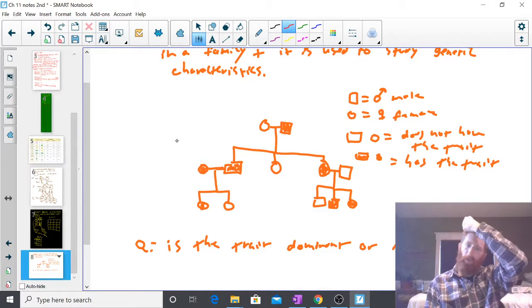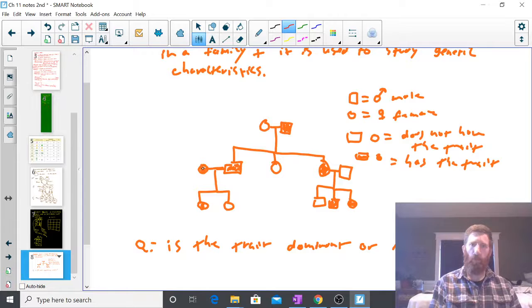So let's fill it in as if the trait is dominant first. All right. So if the trait is dominant, that means that individuals without the trait just have little letters. So we have little a here.